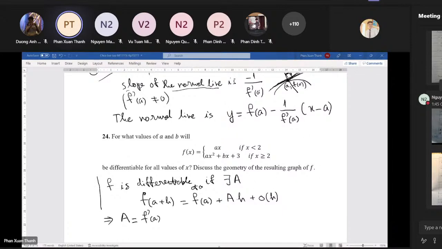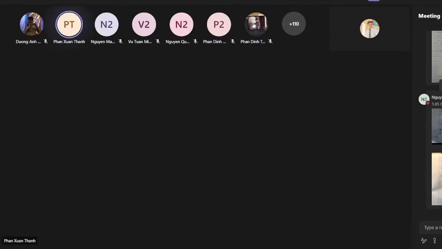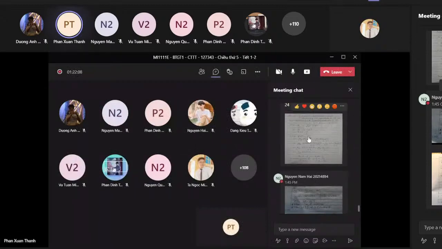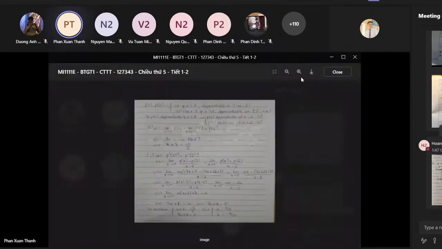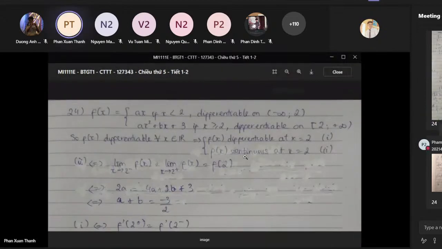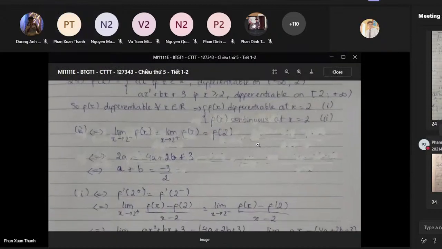Okay, let me check one solution for exercise 24. So you should say f is differentiable, but f has to be continuous.